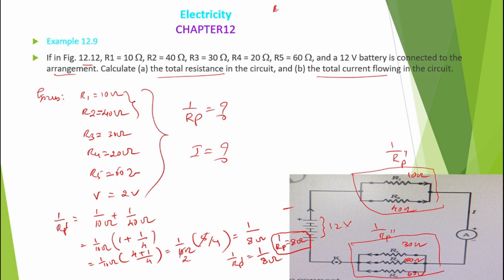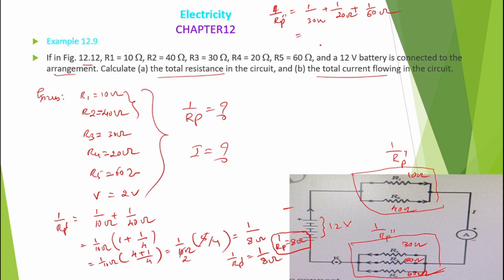1 divided by Rp double dash is equal to 1 divided by 30 ohm plus 1 divided by 20 ohm plus 1 divided by 60 ohm.